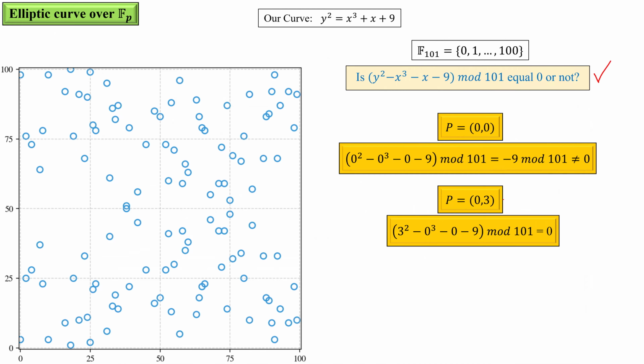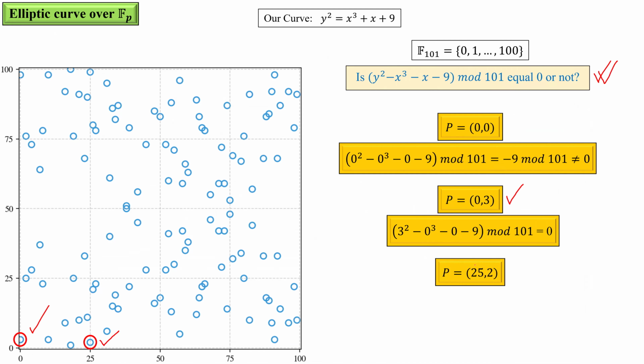The point 0 and 3 is approved already, and we have shown the point here. So let's see another point. The point is 25 and 2. This is a point here, and we want to ensure that this point also satisfies this formula.